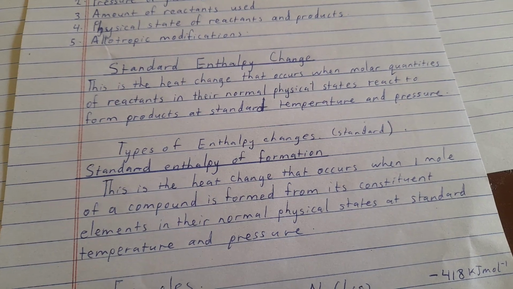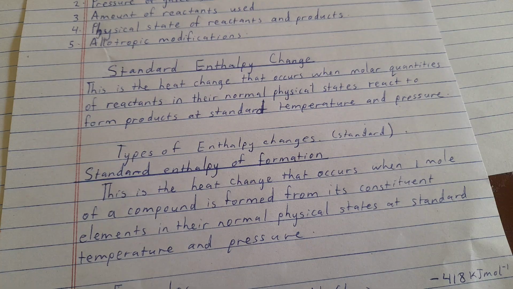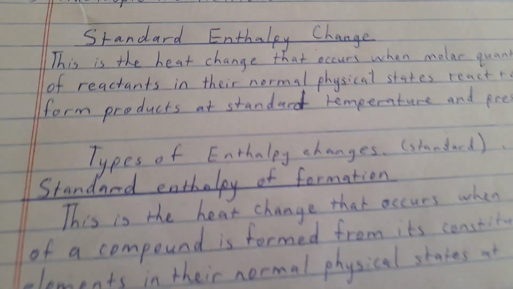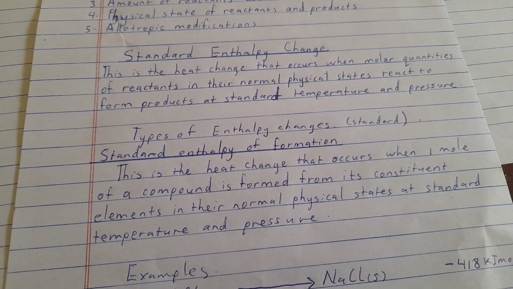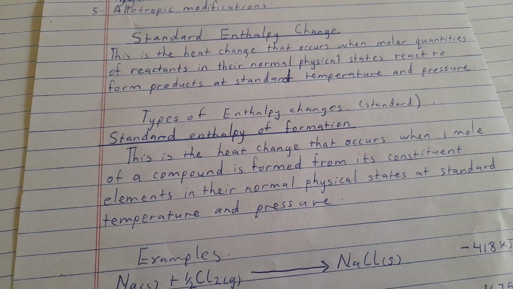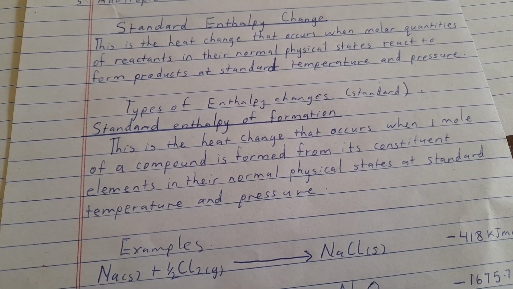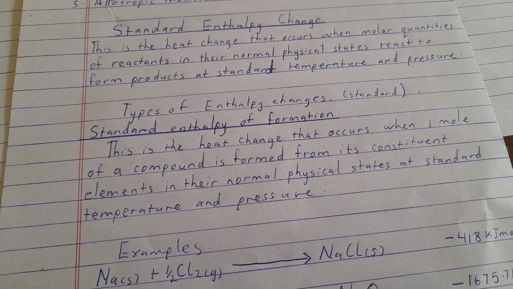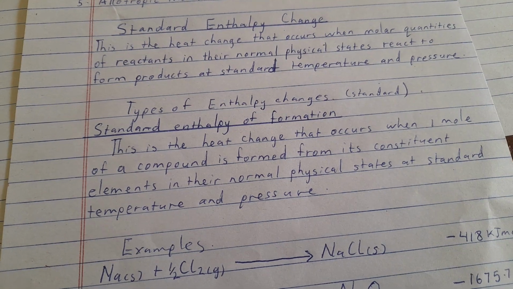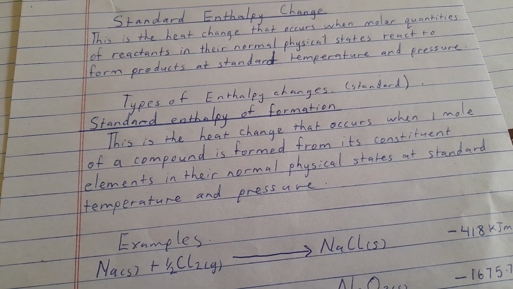When we go ahead, we are seeing some of the types of the standard enthalpy changes, and we have what we call the standard enthalpy of formation. In the standard enthalpy of formation, we are focusing on the heat change that occurs when 1 mole of a compound is formed from its constituent elements in their normal physical states at standard temperature and pressure.